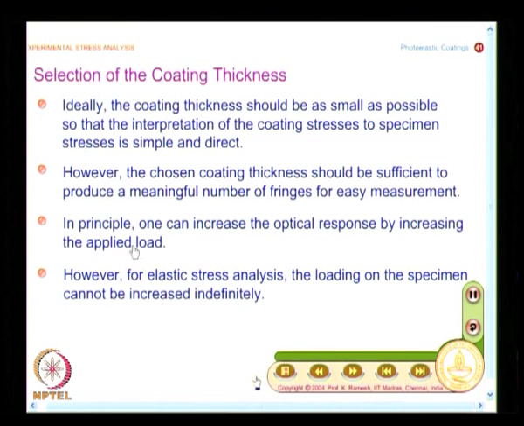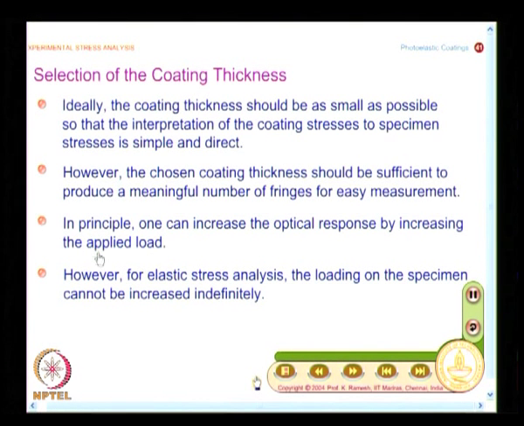So, if I do not have sufficient optical response, I cannot make a measurement. In order to make a measurement, I can increase the thickness of the coating, that is one method. The other approach is by increasing the applied load.